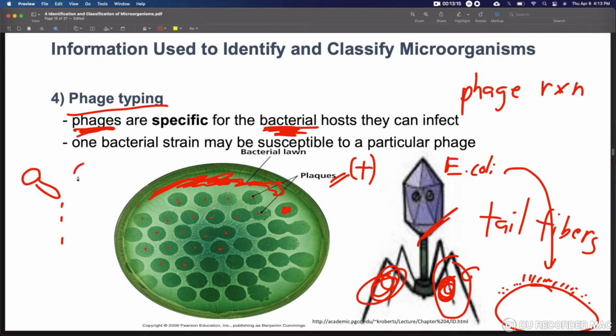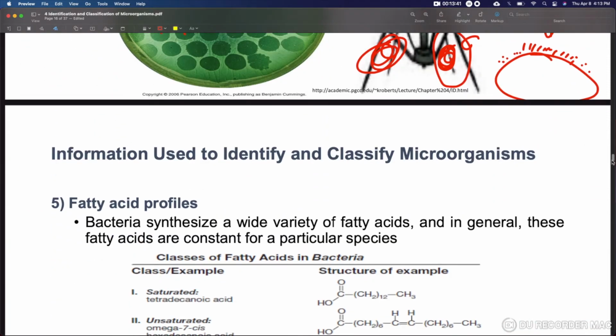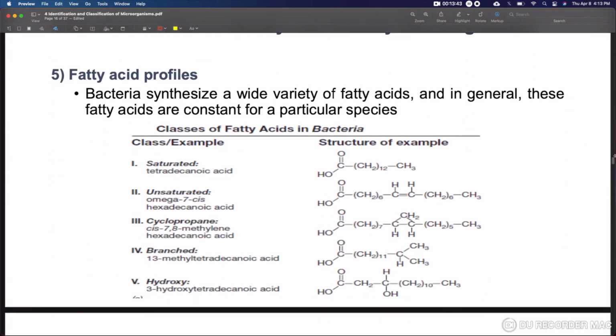If I have a dropper again and a bacteriophage that is specific for Pseudomonas aeruginosa, and I drop it in that lawn again and it forms plaques, I can confirm that the bacteria that I grew here is a Pseudomonas aeruginosa. Okay? So that's simply what phage typing is.